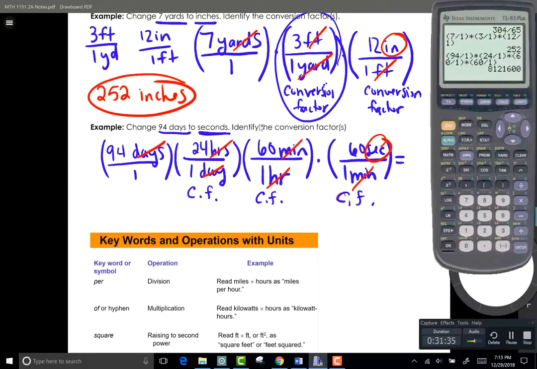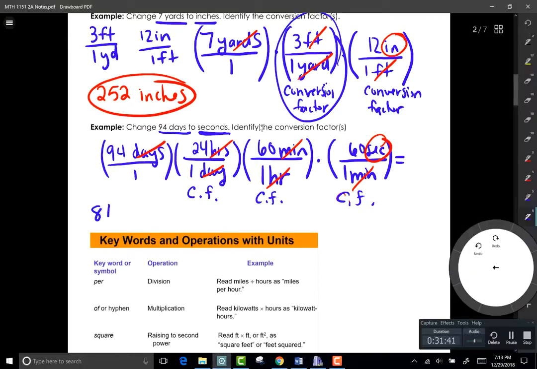And that is a lot of seconds. So 94 days is equivalent to 8121600 seconds.